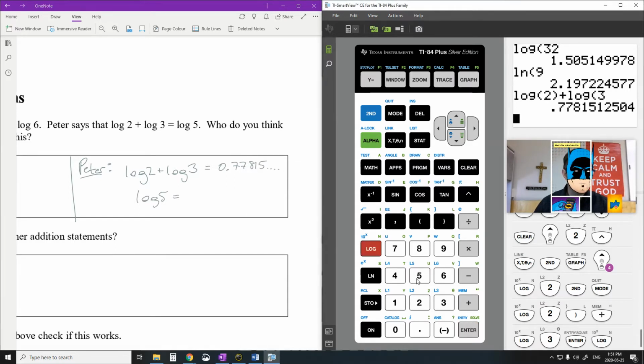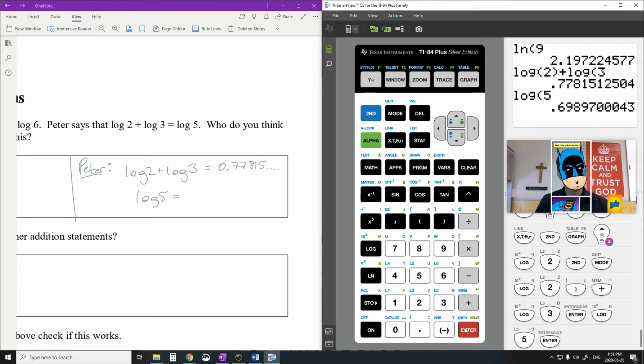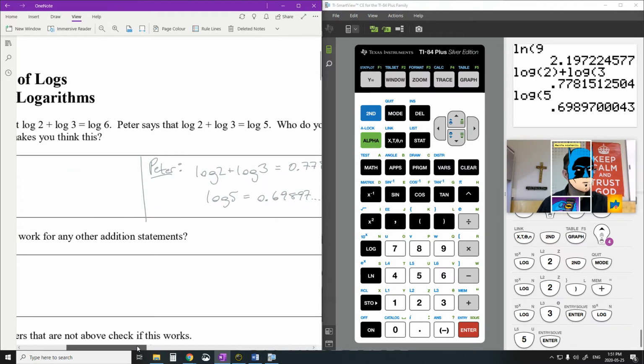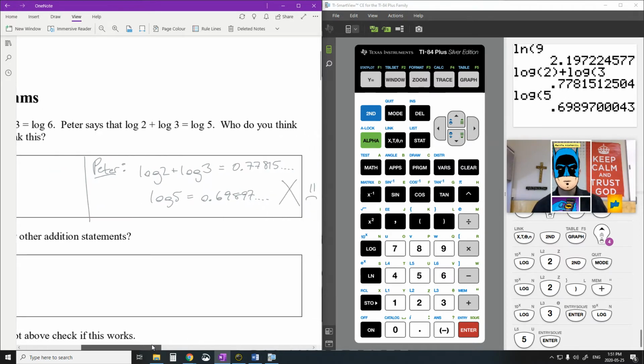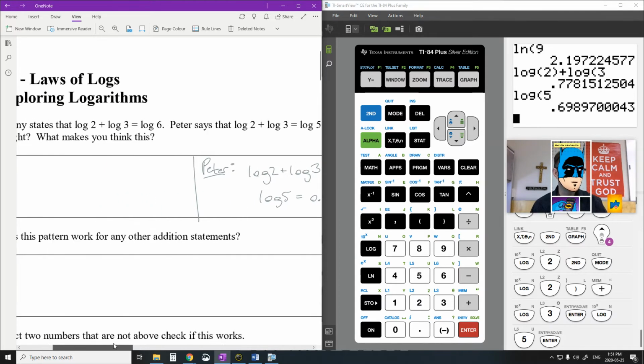And then I'm just going to go log 5. Oh, not the same number. Close, but not the same number. So Peter's not doing it correctly here. That's a good way to prove something like this: just use a counterexample, just show that it doesn't work.